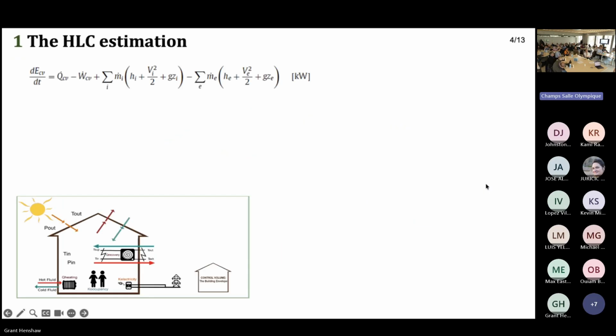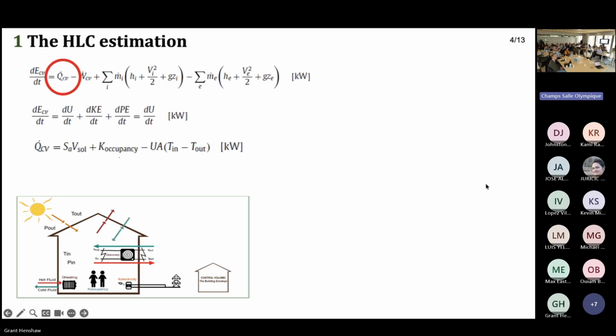And making the energy balance is a really interesting thing, because making the physical model will permit you to relate each of the energy balance terms: the accumulation term, the heat losses through the envelope, solar gains, occupancy gain, and heat transfer losses.